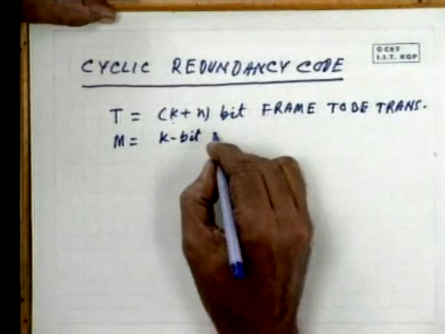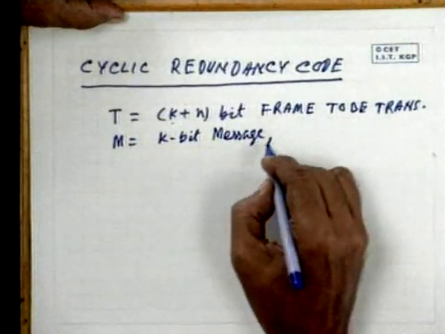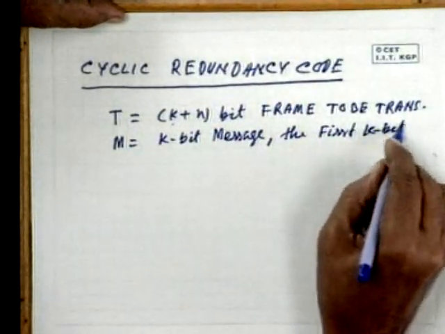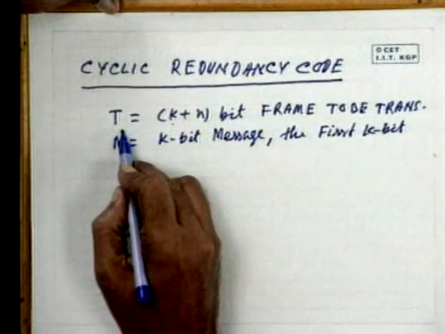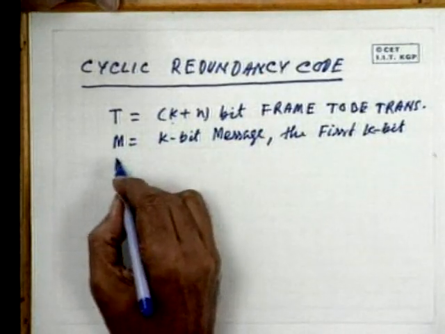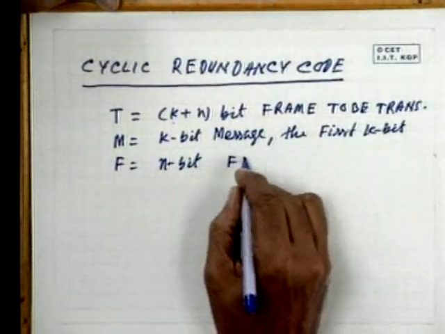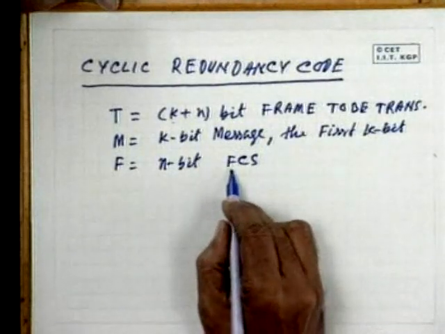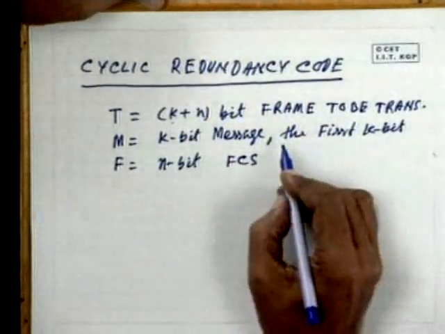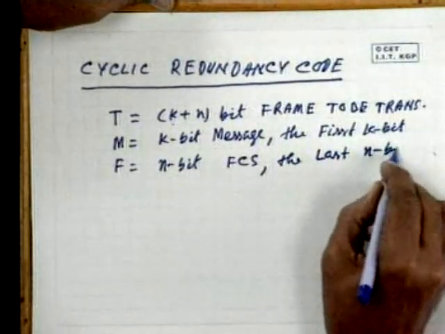So you have a K bit message being sent, which is the first K bits of the transmitted frame. The remaining N bits, F, is equal to the N bit frame check sequence. FCS stands for frame check sequence, which is generated based on cyclic redundancy coding. These are the last N bits.